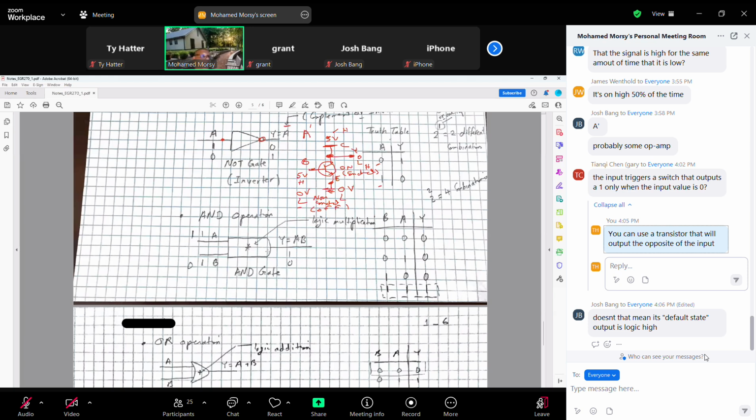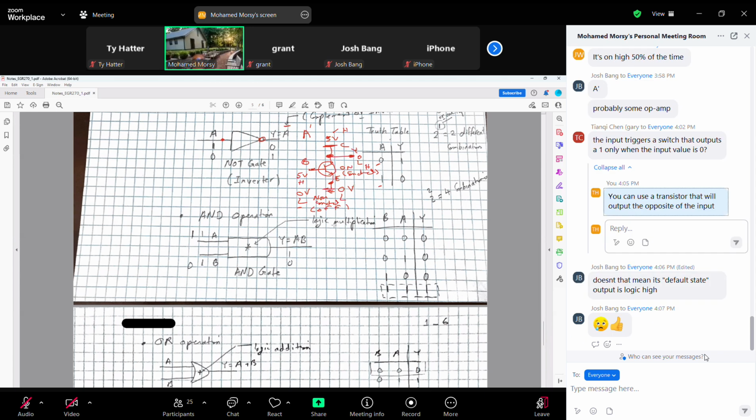It will be easy. But let me finish this before we leave, please. The AND operation is actually logic multiplication. AND means logic multiplication. So if the inputs are A and B, the output is AB, logic multiplication.